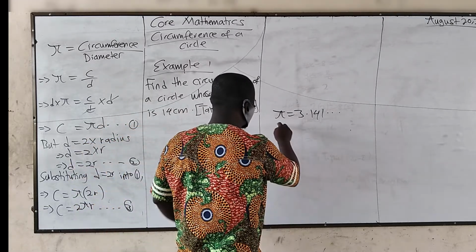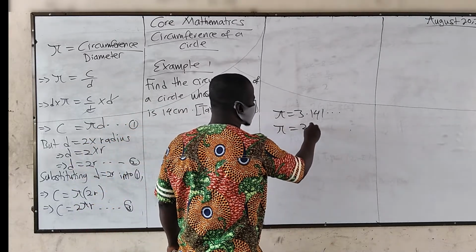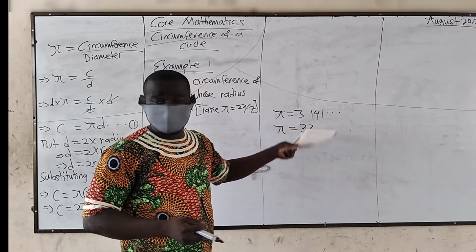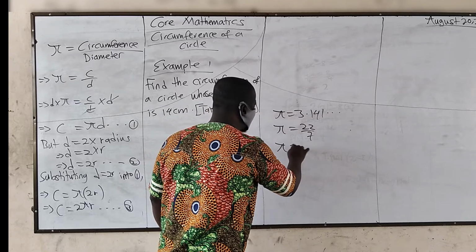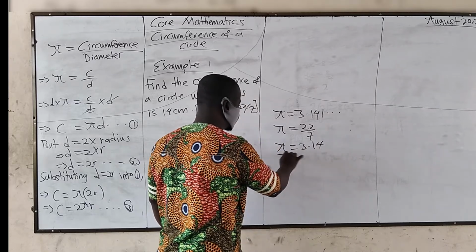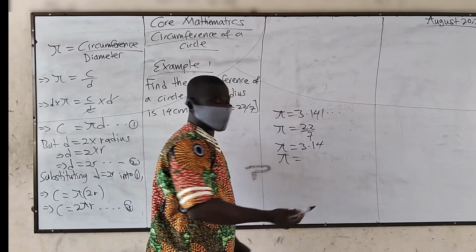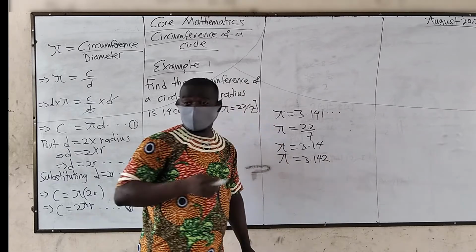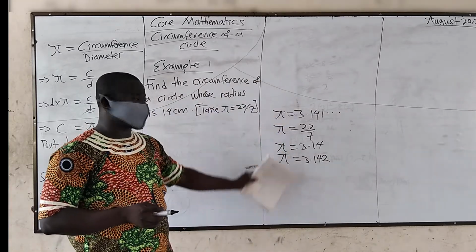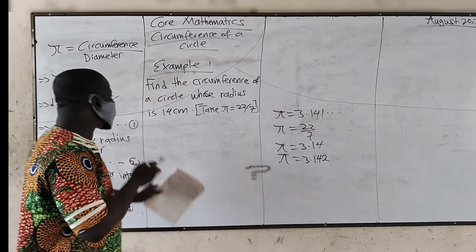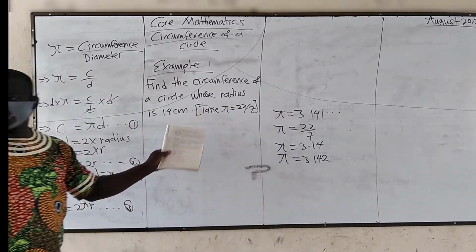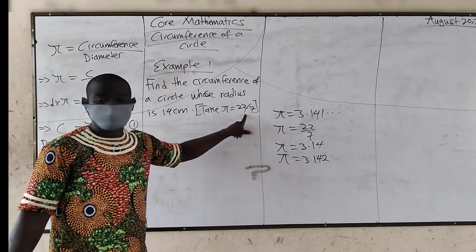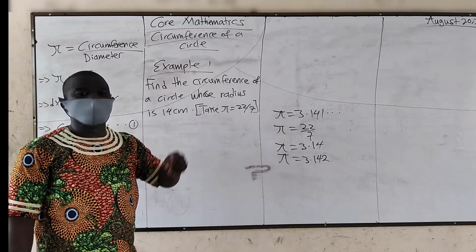Either we use pi is equal to 22 over 7, which gives you a number close to the actual value of pi, or pi is equal to 3.14, or pi is equal to 3.142. These are all approximations. So that's why they tell you to assume that pi is equal to 22 over 7.